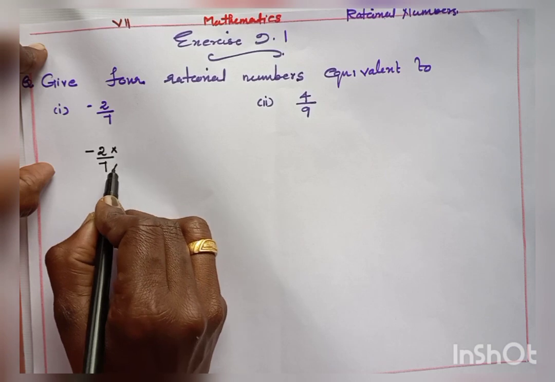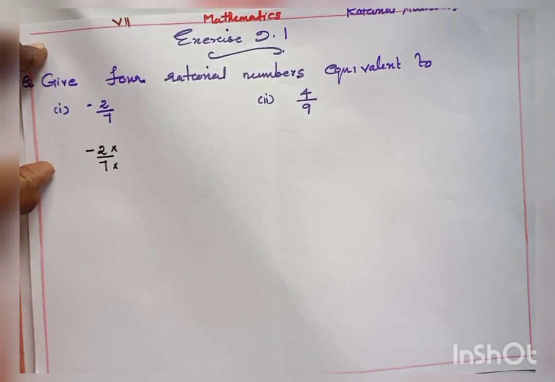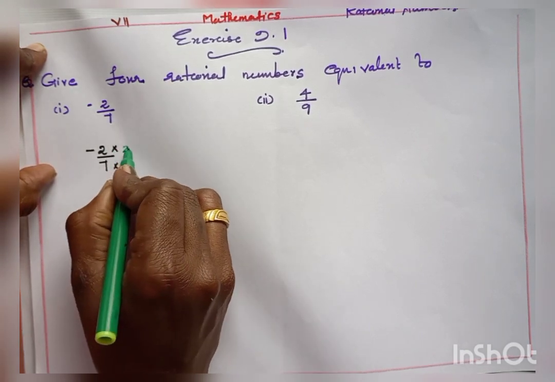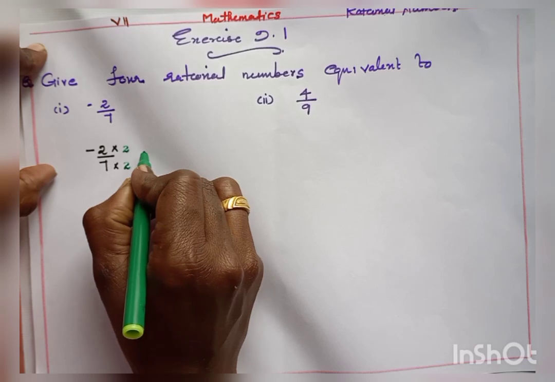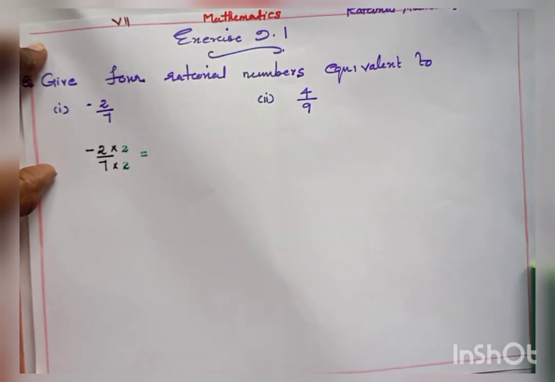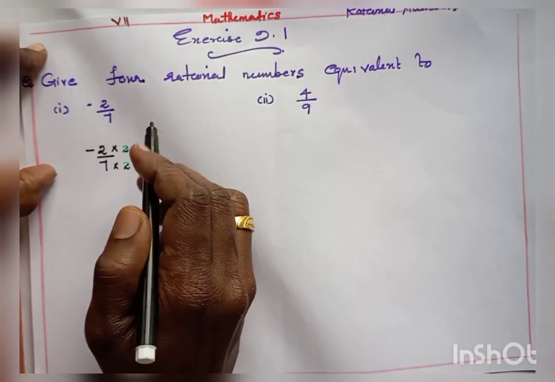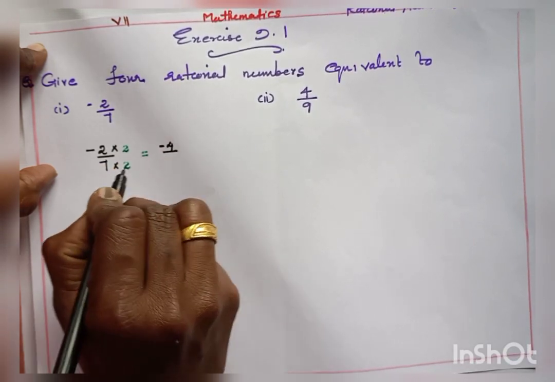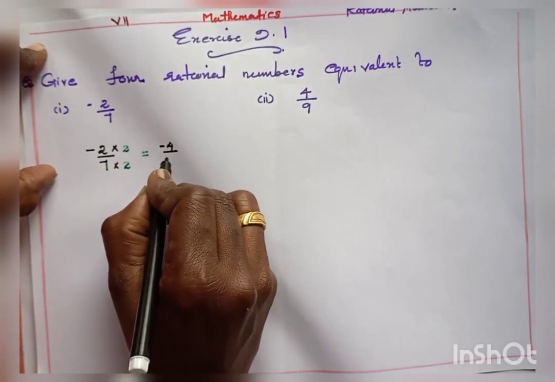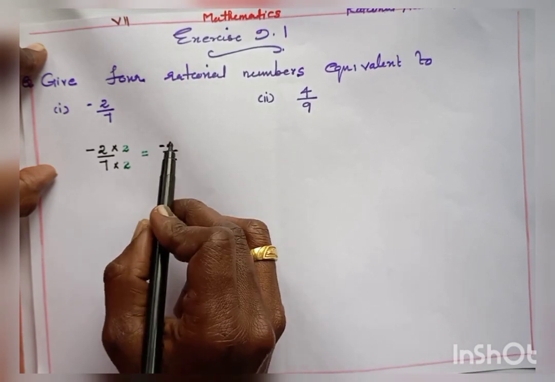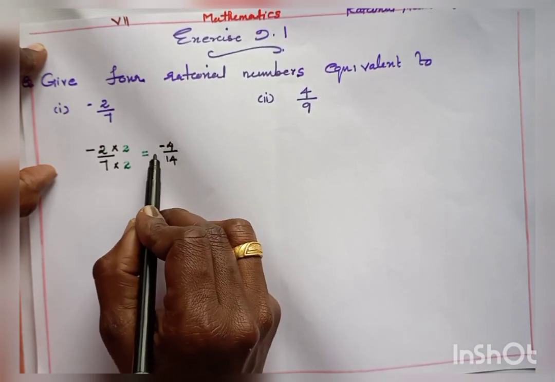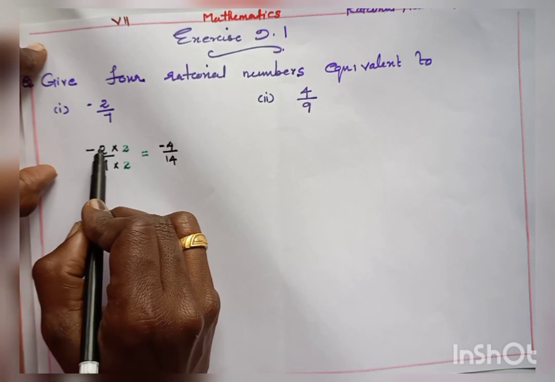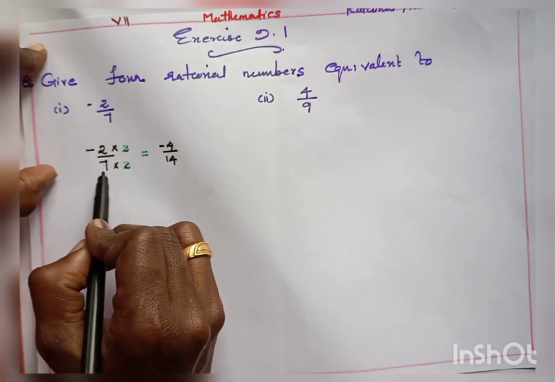Suppose we multiply by 2 on both numerator and denominator, we get the rational number minus 2 into 2, minus 4, by 7 into 2, 14. This is an equivalent rational number of minus 2 by 7.